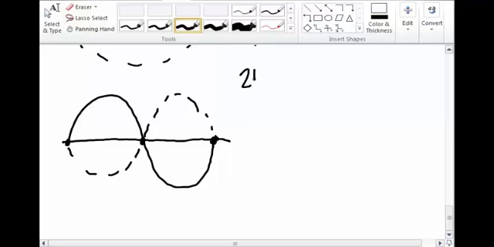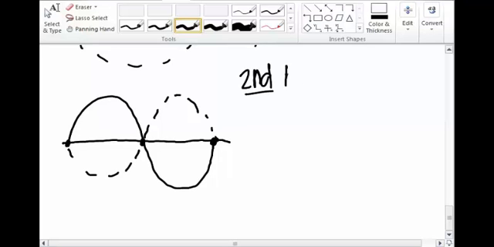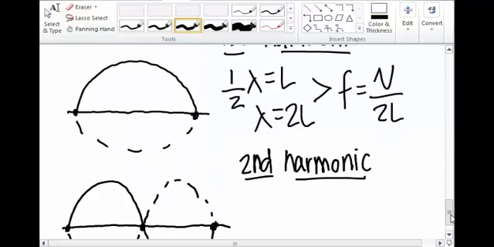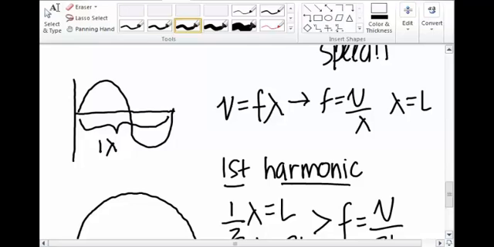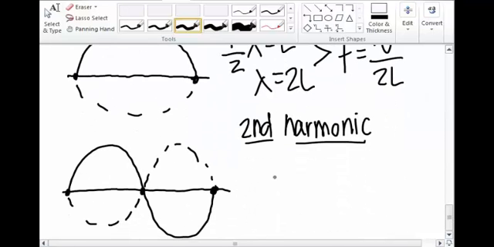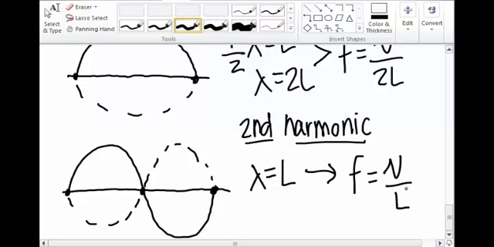So this is the second harmonic. Alright, so if we compare this picture up here to our reference point, how many wavelengths do I have? How many wavelengths is this? 1, yeah. So that would then make our frequency equation just V over L.